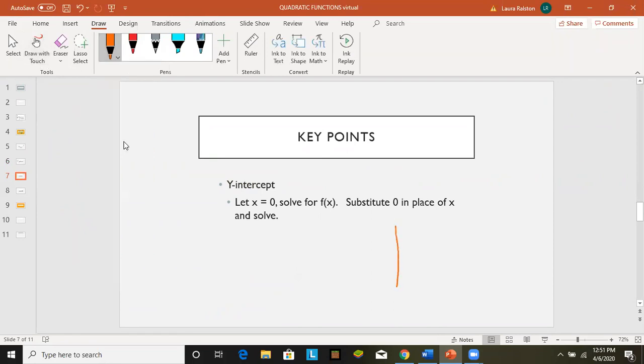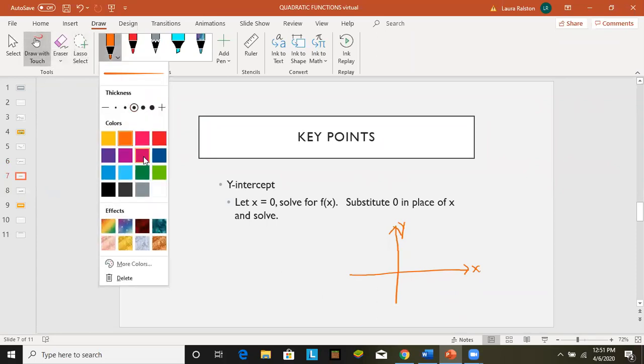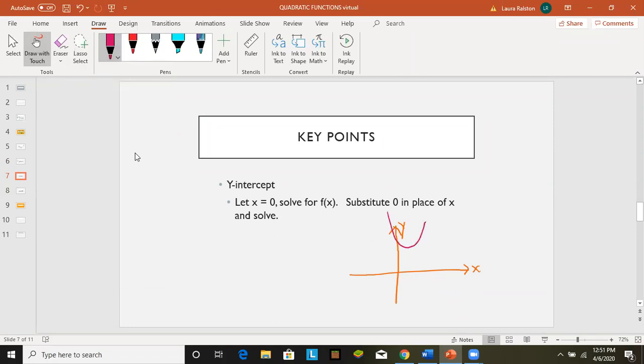If we're thinking about our parabola, and I'm just going to randomly draw one here, you're wanting to know where it crosses the y-axis. So this point here where it crosses the y-axis would have the ordered pair 0 and some y value. And so that's the y-intercept.